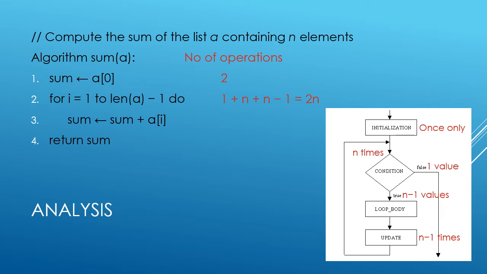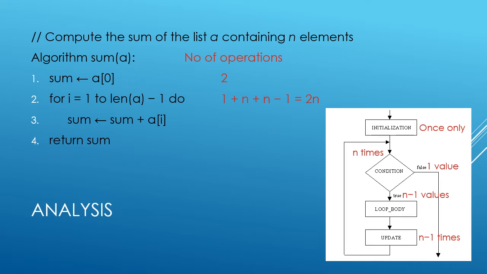And here you are. The first term, 1, is the number of initializations. The second term, n, is the number of times we check the validity of the value of i. And the last term, n minus 1, is the number of times the update is made to our counter variable. 1 plus n plus n minus 1 becomes 2n.